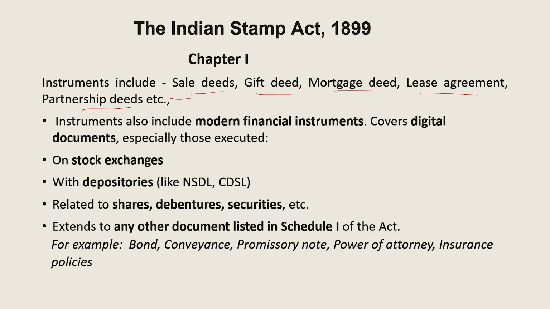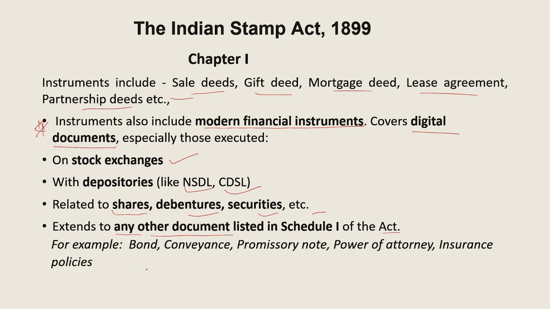Now, one more addition to this discussion: nowadays, modern financial instruments also cover digital documents, especially on stock exchanges with depositories like NSDL and CDSL. These digital documents relate to shares, debentures, securities, etc. It extends to any other document which is listed in Schedule 1 of the Act.